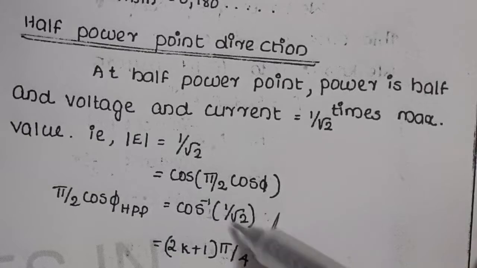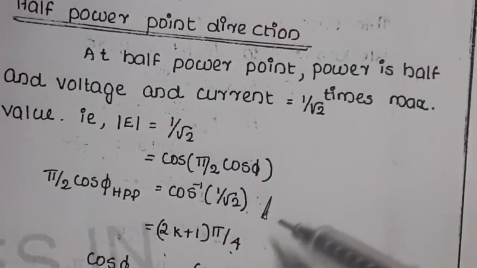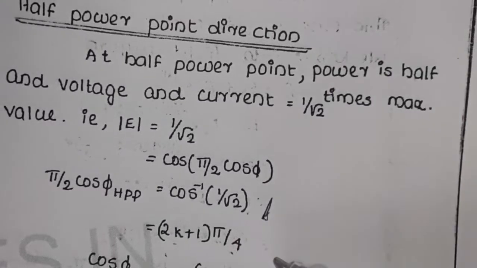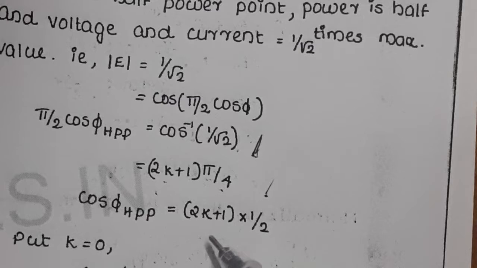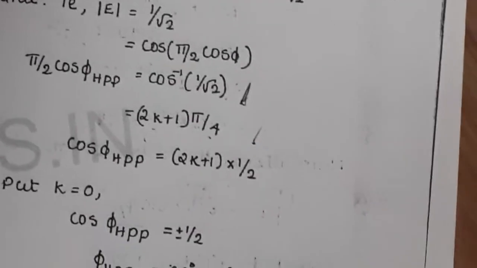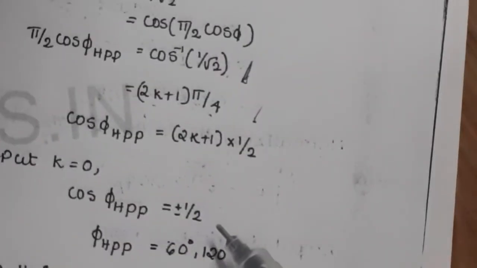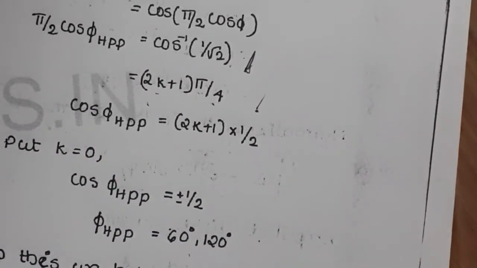Cos 1 by root 2 occurs at 45 degrees, that is pi by 4, so 2k plus 1 into pi by 4. Now the half power points are given by 2k plus 1 into pi by 2, with k equal to 0. Then you get cos phi h, the half power points, equivalent to plus or minus 1 by 2. Then the half power points are placed at 60 and 120 degrees.